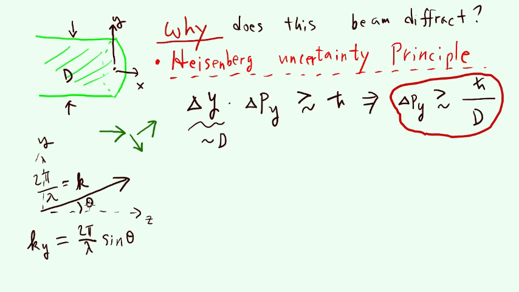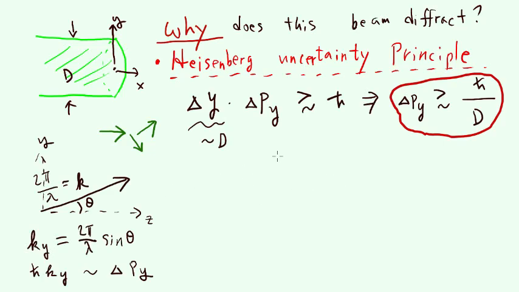If this theta is the angular uncertainty of the beam, then this h bar ky is basically delta py. So that's the connection between the angular uncertainty of this beam and the momentum uncertainty of this beam along the y direction.